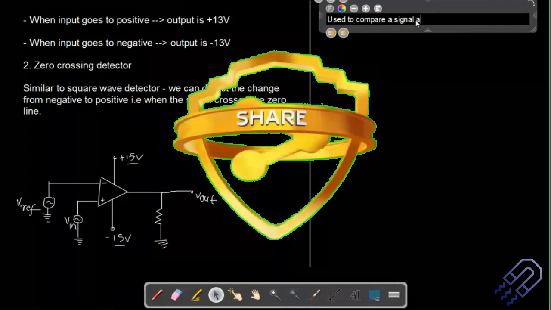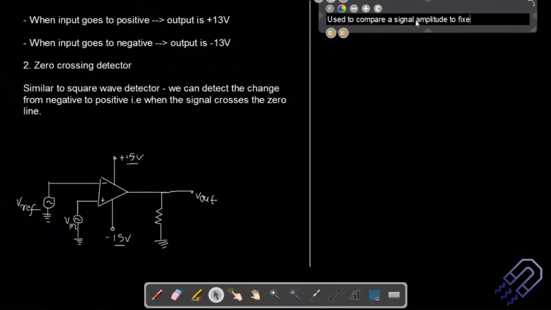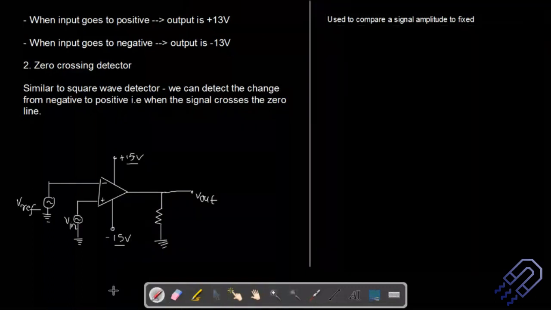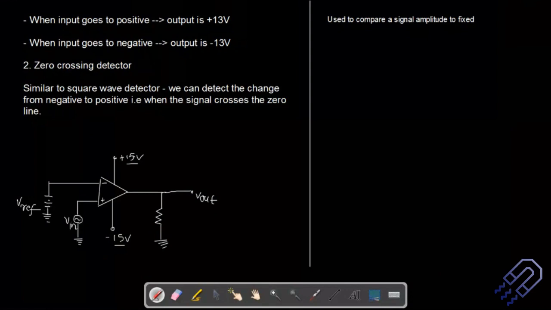signal amplitude, fixed DC or AC. We can do a fixed DC. No, DC would be better because we don't want a reference signal which is varying. We can probably use a DC signal. It is mostly used this way. So let me just use a battery here.